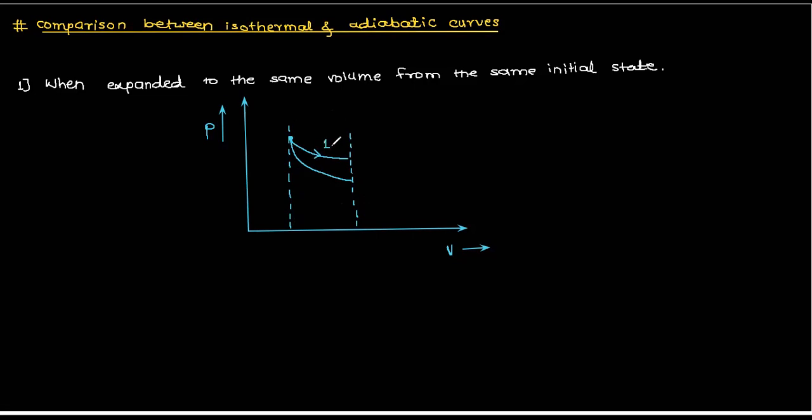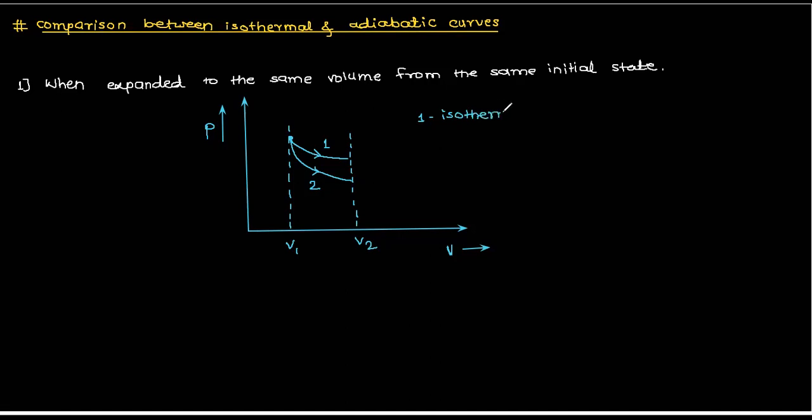This is curve number 1 and this is curve number 2. Here this is volume V2, this one is volume V1.